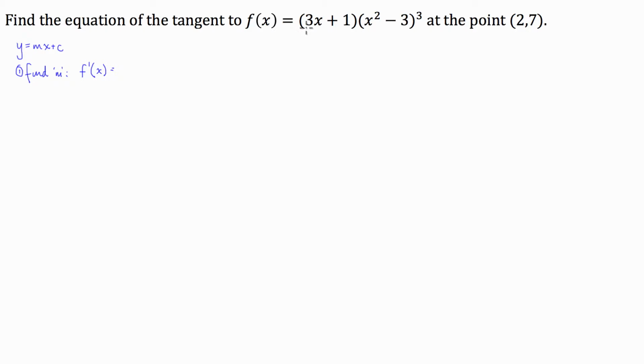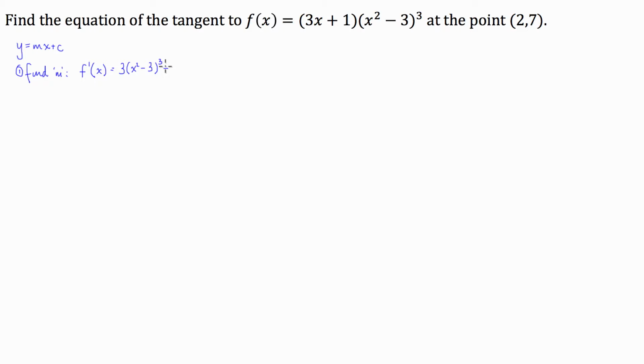This is going to be equal to, using the product rule to start with, the derivative of the first function multiplied by the second function. The derivative of the first function is simply 3, multiplied by the second function, (x squared minus 3) all cubed.